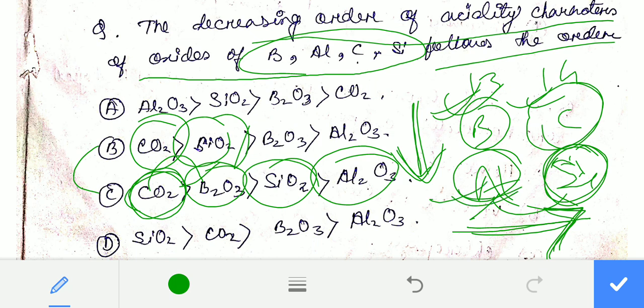So aluminum will have the least electronegativity. So for this question, option C is the right option. CO2, carbon dioxide, will be the most acidic among the four, and aluminum oxide will be the least acidic. Okay, moving to the next question.